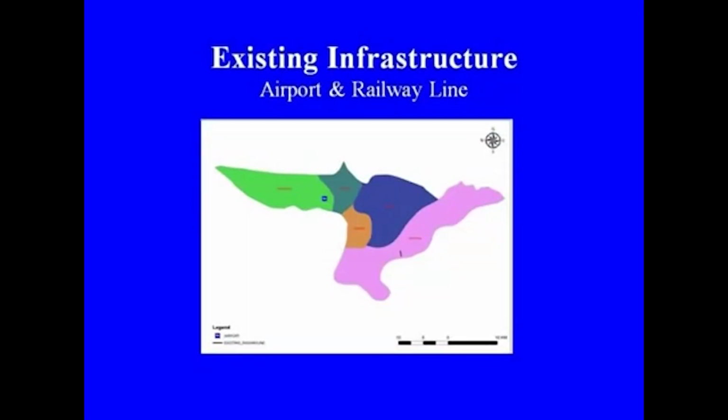Another important aspect was the existing infrastructure. So, this particular map shows the existing airport and the railway line. It is interesting to note that for a railway line, a very small line is being depicted.